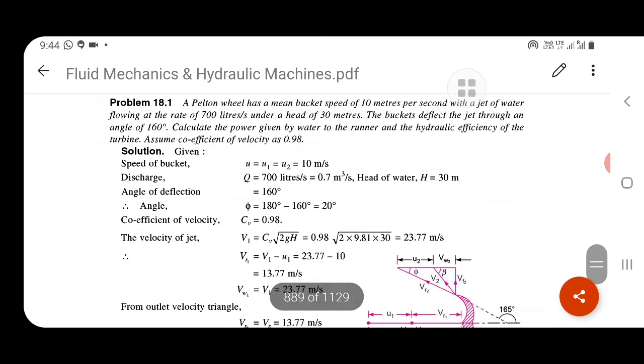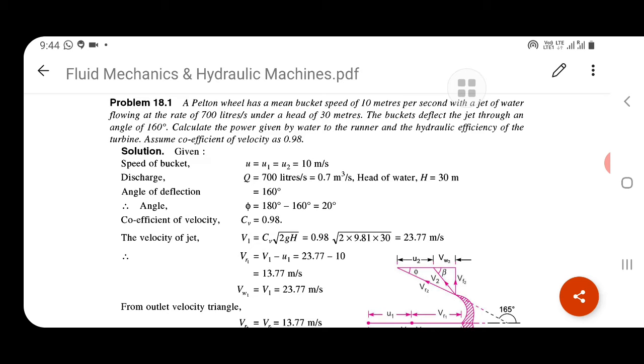So in that, u is equal to u1 is equal to u2, 10 meter per second. Q is equal to 700 liter per second divided by 1000, that is 0.7 meter cube per second. Head of water is given as 30 meter.